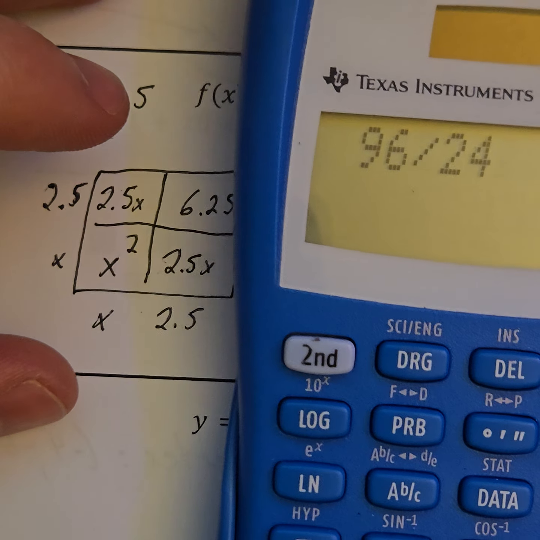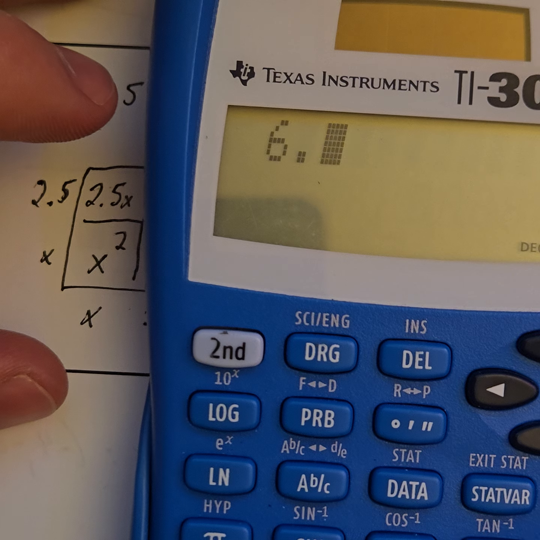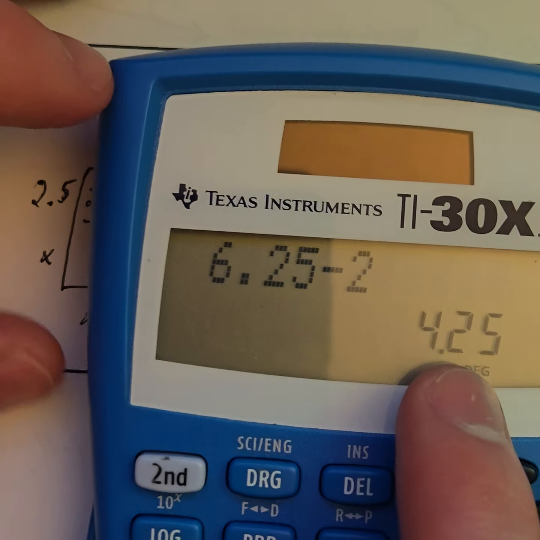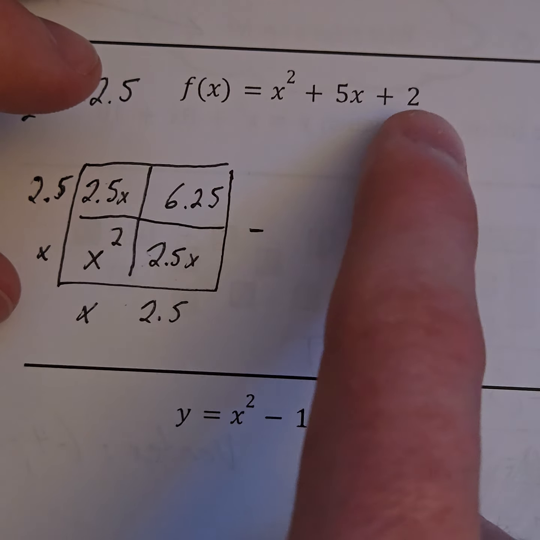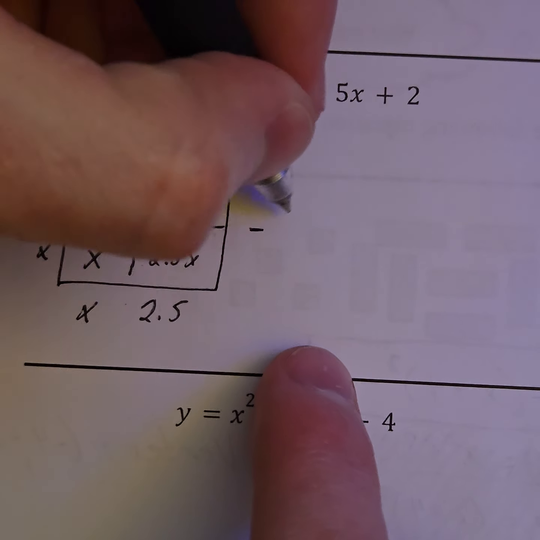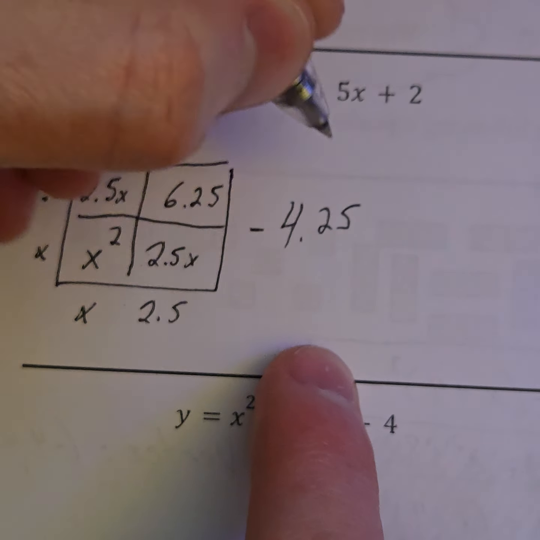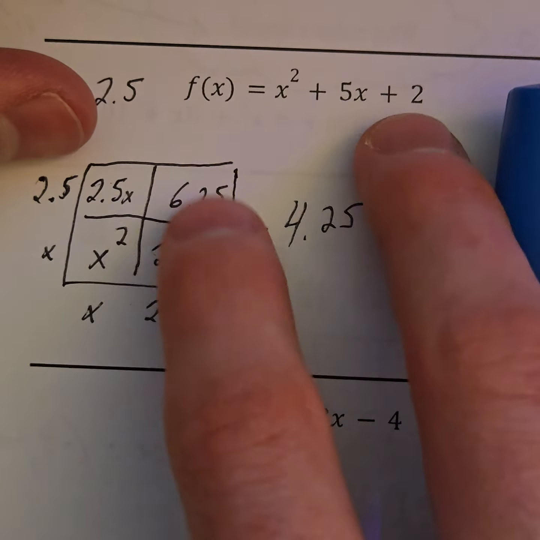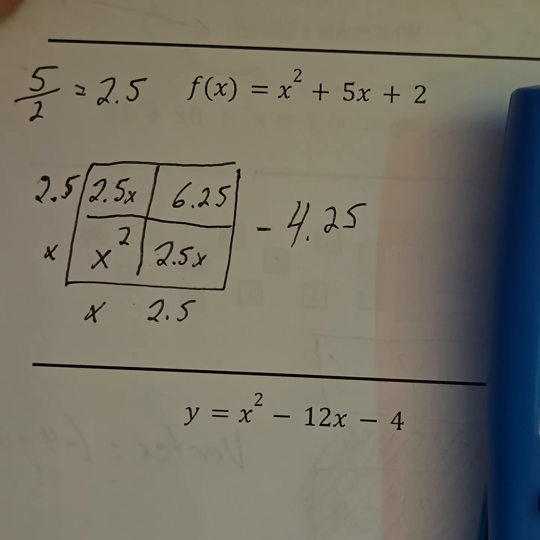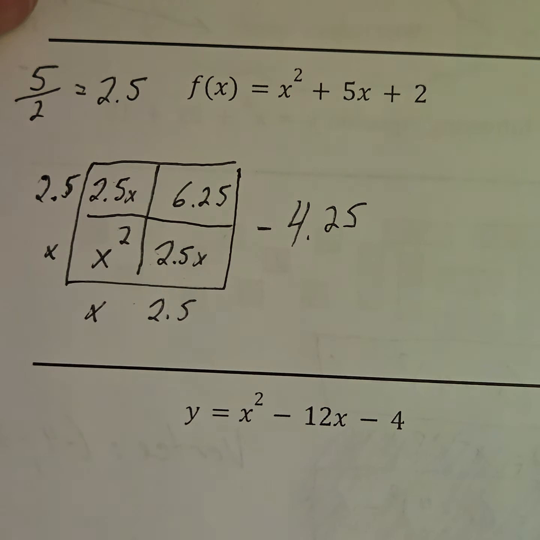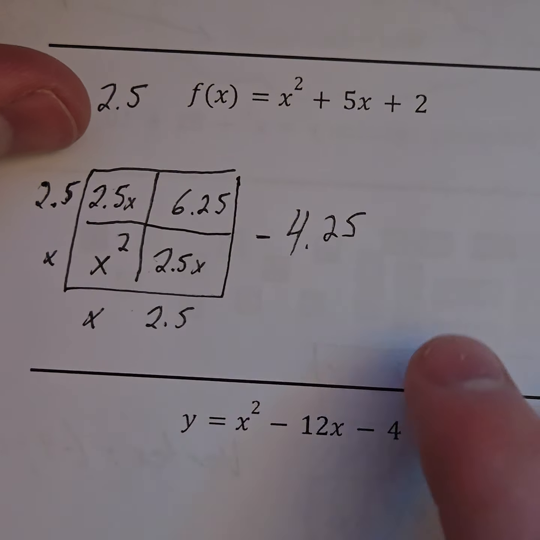In your calculator, take 6.25 minus 2, and I get 4.25. So that's how much I need to subtract. Just subtract these 2 numbers, and that'll tell you how much to add or subtract.